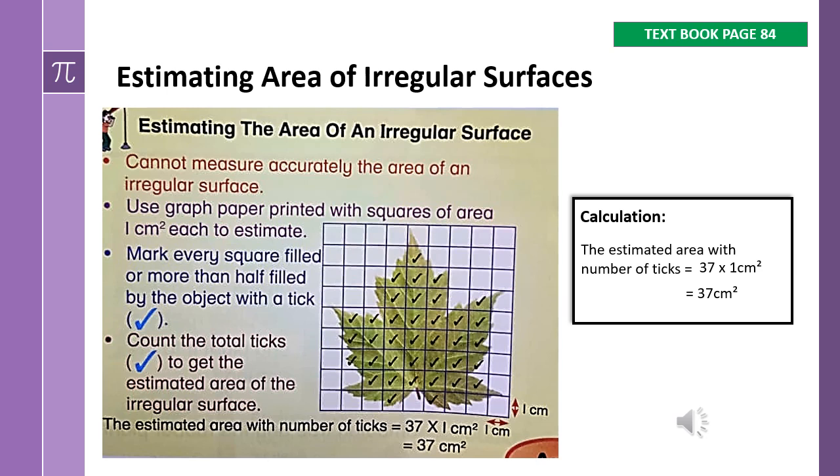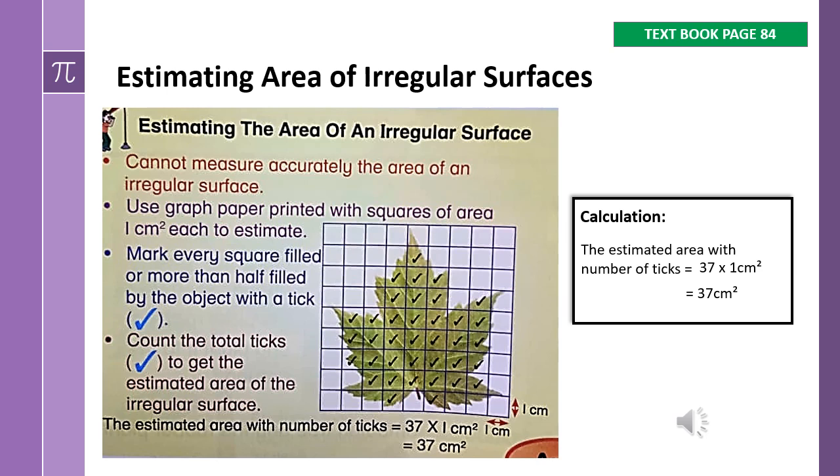Now let's get into calculation, estimating the area of an irregular surface. So, unlike a regular surface such as a rectangle or square, it is not easy to measure the area of an irregular surface accurately.